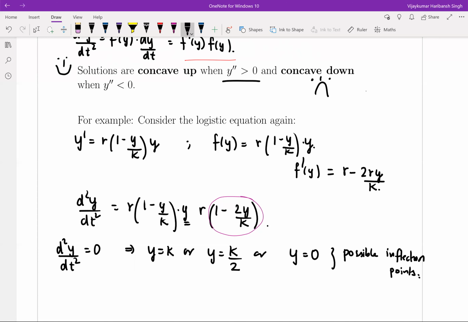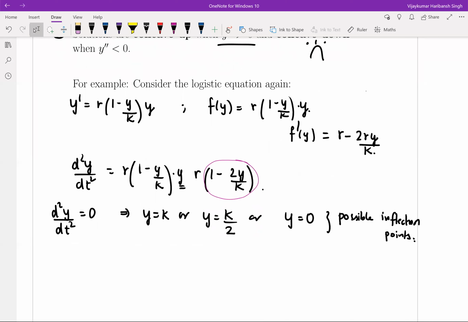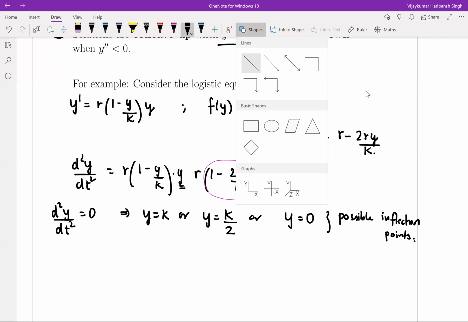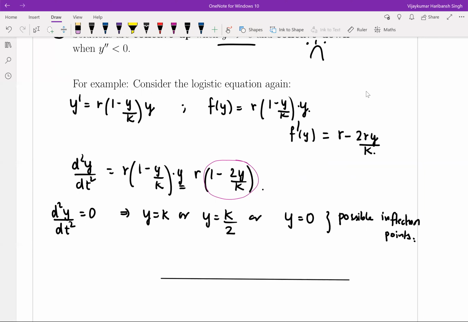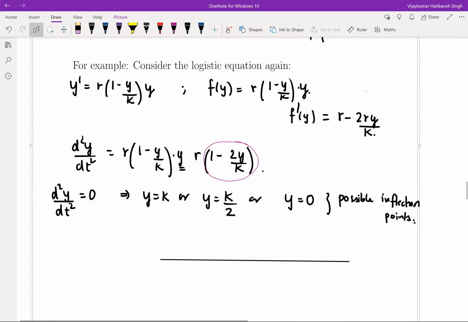So now let's look at the sign diagram of this and see where it is concave up and where it's concave down. So what are the points? We have 0, we have k/2, we have k, and further after k.